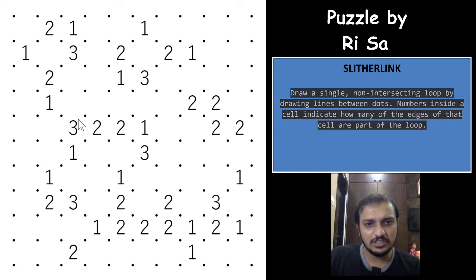So if you have a 3 here, the loop will have to go in such a way that it has 3 loop segments near it, right? So if this is 2, then you will have 2 loop segments near it, either this way or this way or this way, anyway. And you have to draw just a single closed loop.